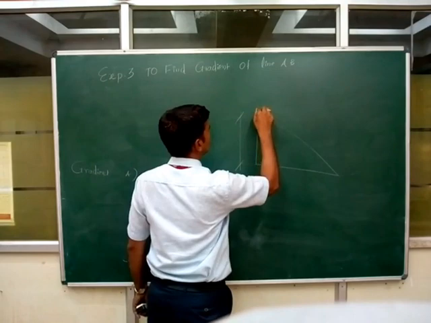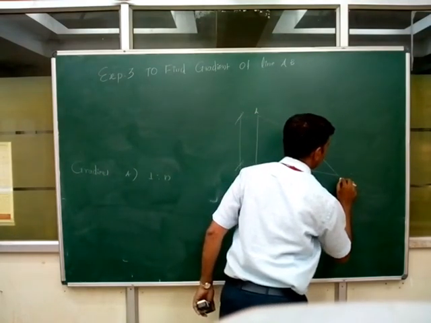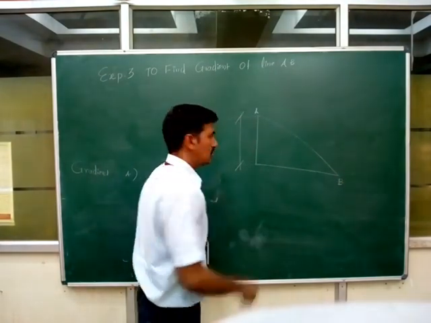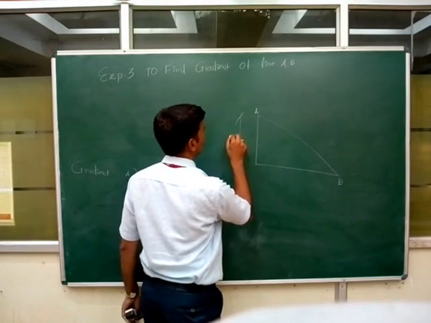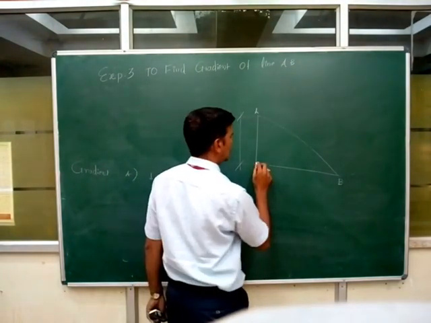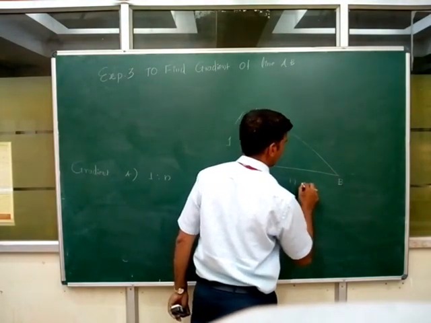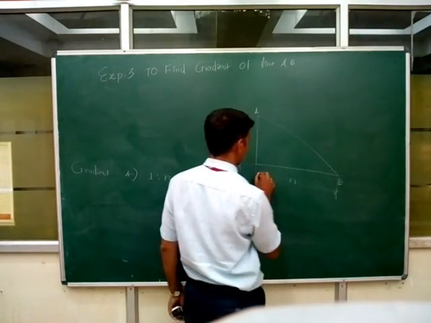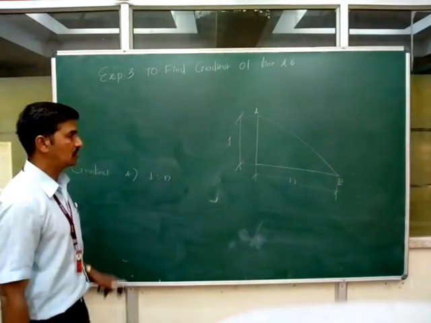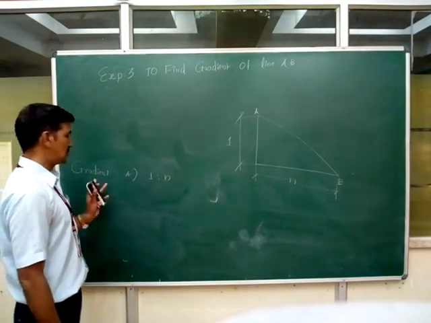If say this is my point A, and my point B is over here, here 1 is my vertical component and this is n. So there are two ways to express your gradient.